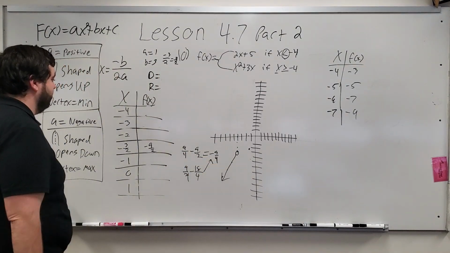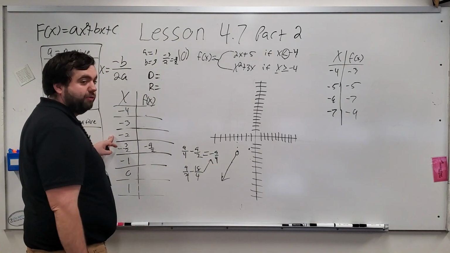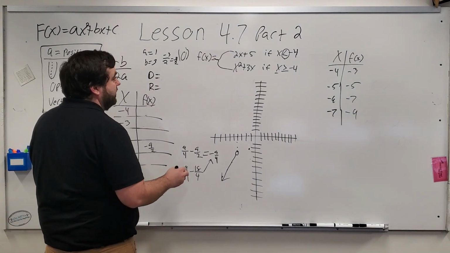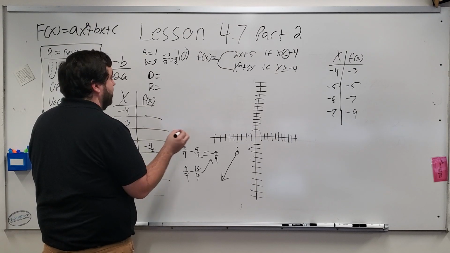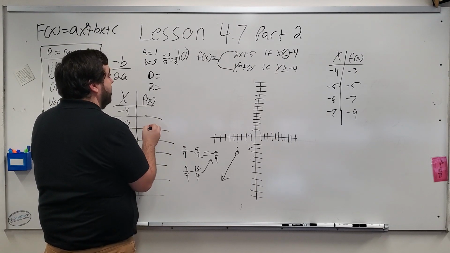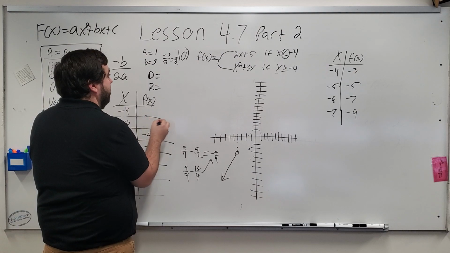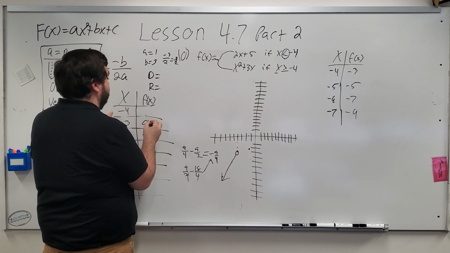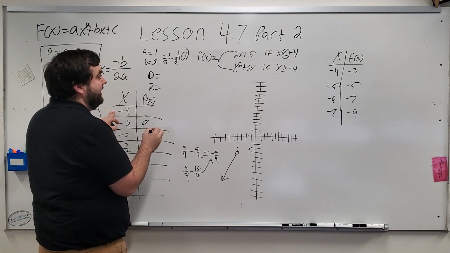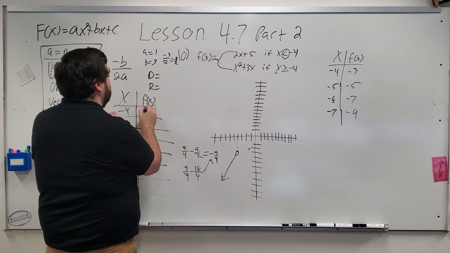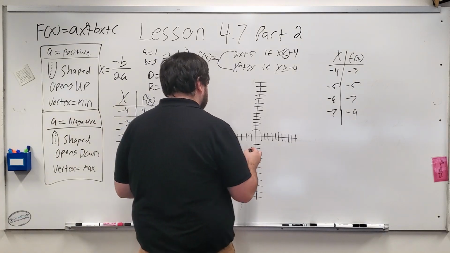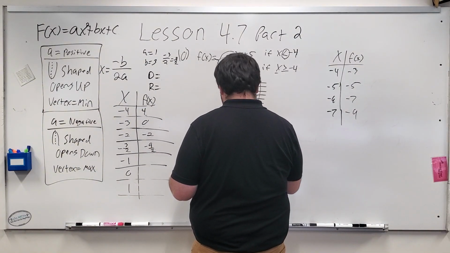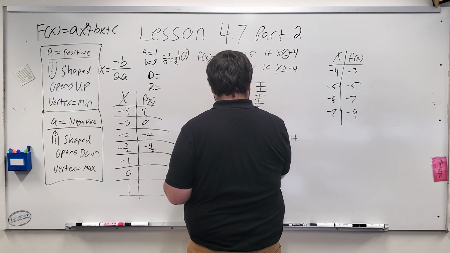Now I start plugging in numbers. -2 squared is 4. 3 times -2 is -6. So -2. 3, I get 9 minus 9, which is 0. I get 4. I get 16 minus 12, which is 4. Okay? So I can plug in those points. I get -2, 0, 1, 2, 3, 4.